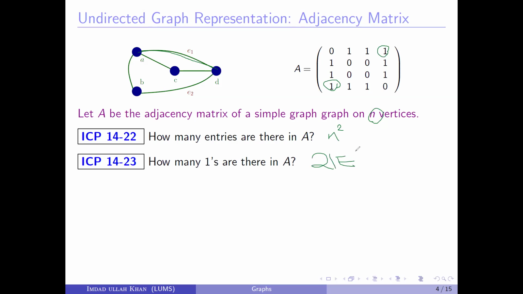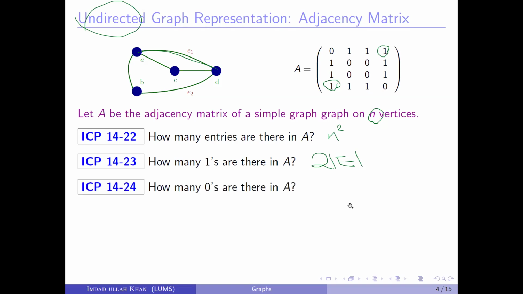Each edge is being marked twice for an undirected graph. So this is important. For an undirected graph, each edge is getting marked twice. How many zeros are there? All remaining entries are 0. The total number of possibilities was n squared, 2e of them are ones, and all remaining entries are zeros.